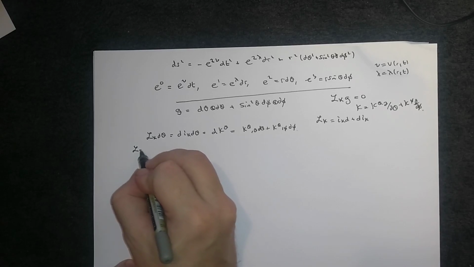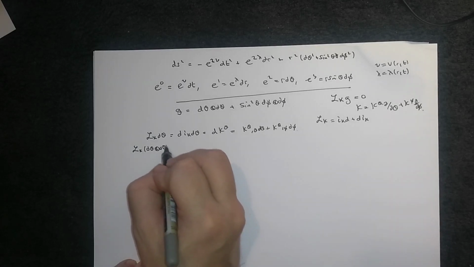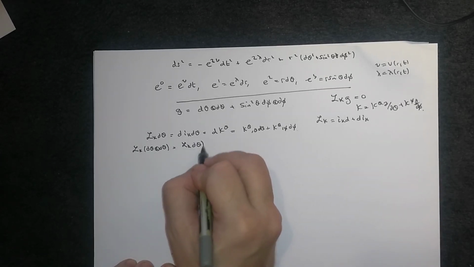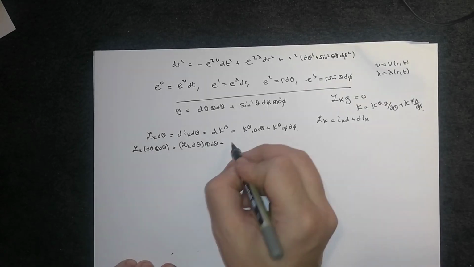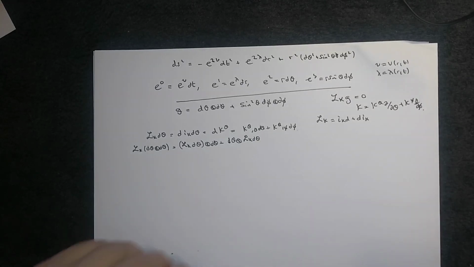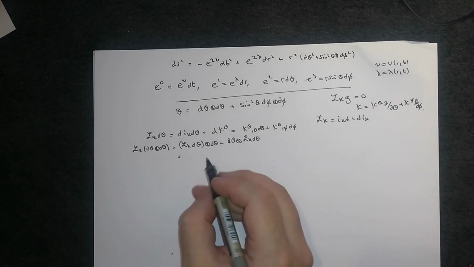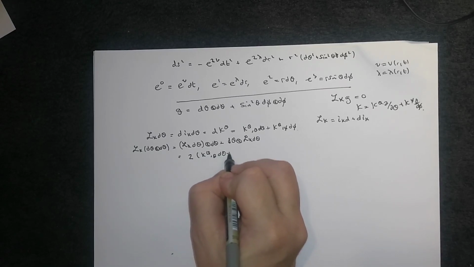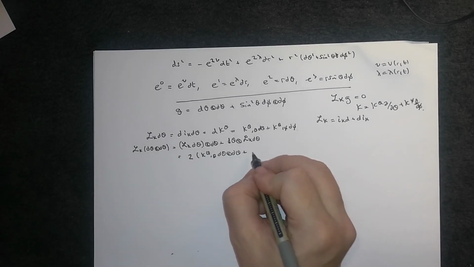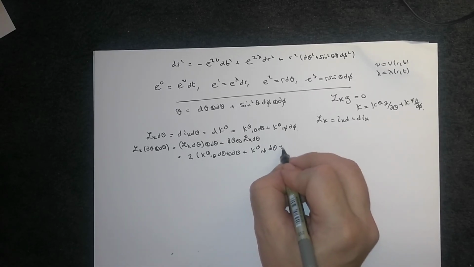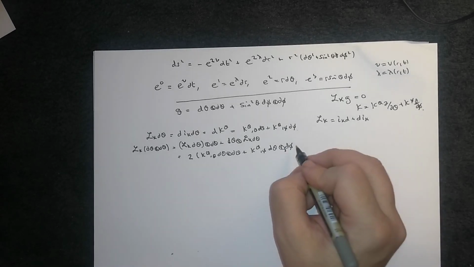So the Lie derivative of d theta tensor d theta is going to be the Lie derivative of k d theta tensor d theta plus d theta tensor the Lie derivative of k d theta, which gives me twice k theta theta d theta tensor d theta plus k theta phi d theta tensor d phi, and that should be the symmetrized product.